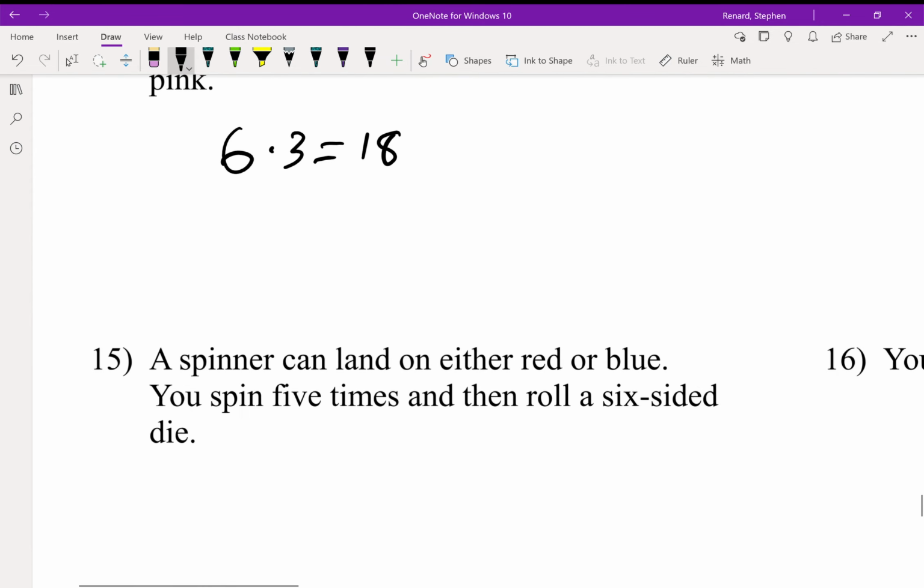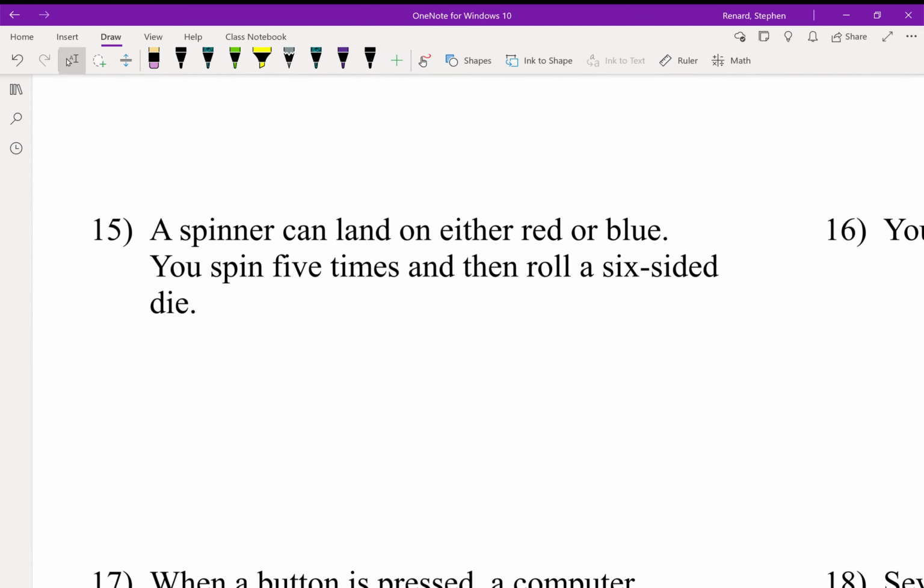A spinner can land on red or blue. You spin 5 times and then roll a 6-sided die. So again, we're going 2 times 2 times 2 times 2 times 2, because that's the red or blue. So there are 32 different ways the spinner can land after spinning it 5 times. You know, red, red, red, blue, blue, red.